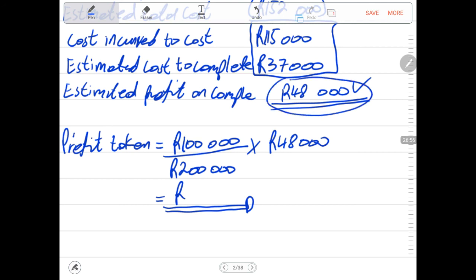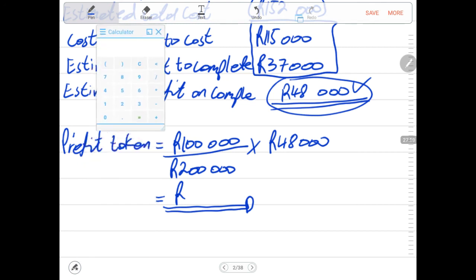So now hence we must use the formula to say up to date how much profit can we report in the statement of profit or loss. That is why now the intervention of the formulas come in. Then we say 100,000 divided by 200,000, it will be 0.5 times 48,000 rands.